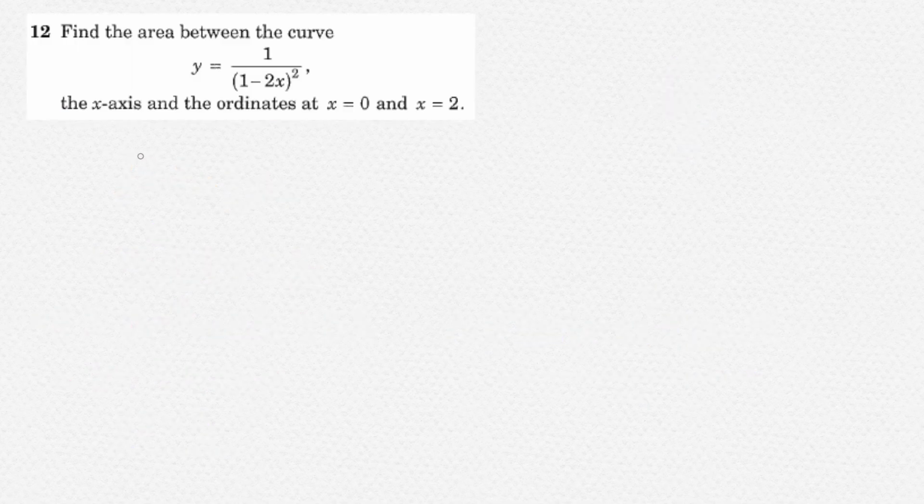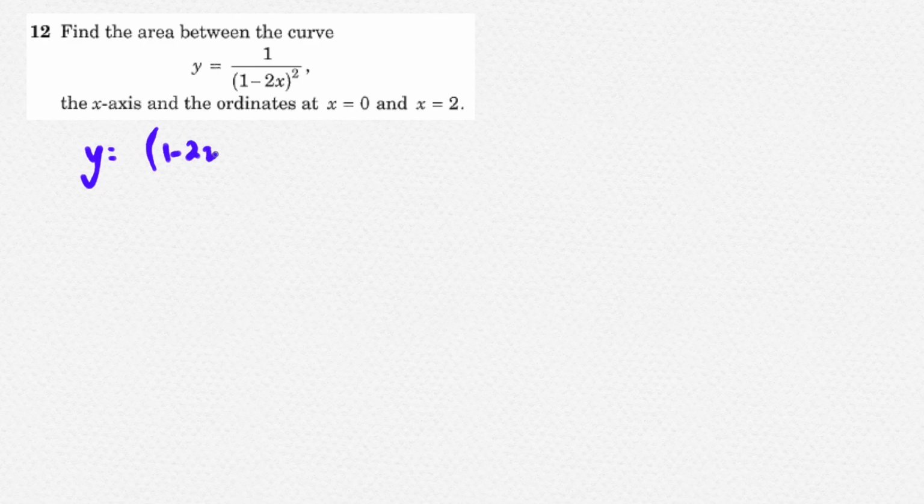Now let's try a different question. Find the area between the curve y is equal to 1 over (1 minus 2x) squared, the x-axis and the coordinates at x is equal to 0 and x is equal to 2. So for these types of questions, to find the area beneath the curve, we must use integration with limits.